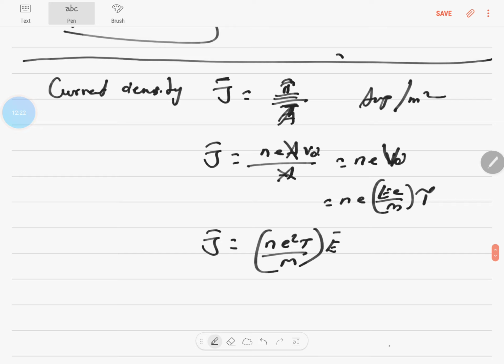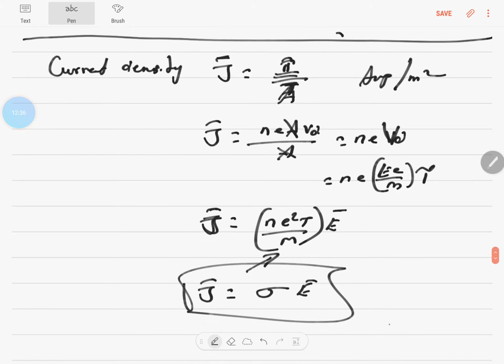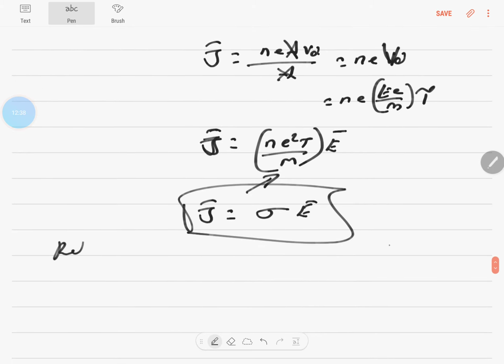Can you see that electric field is a vector and current density is a vector, and this is nothing but the reciprocal of resistivity, m by ne squared t. It's conductivity, so J vector is equal to conductivity times electric field. This relationship between current density and electric field is very, very important.